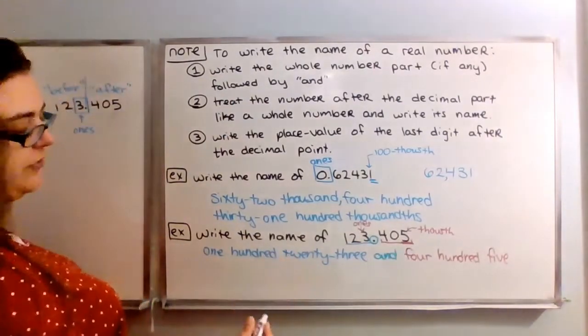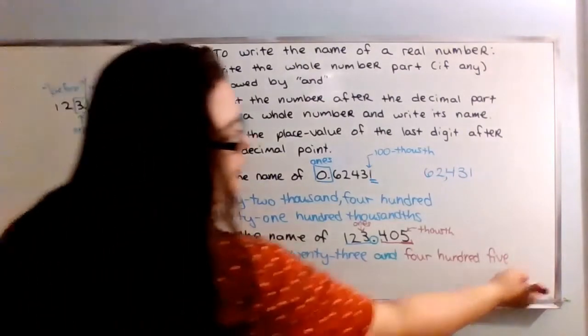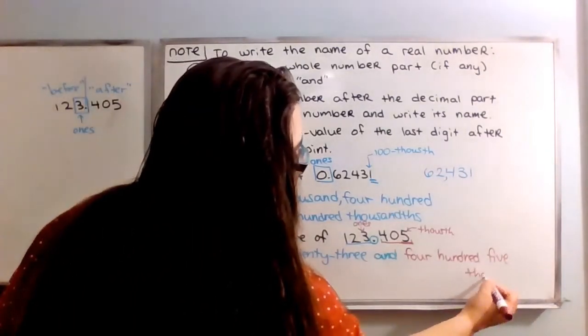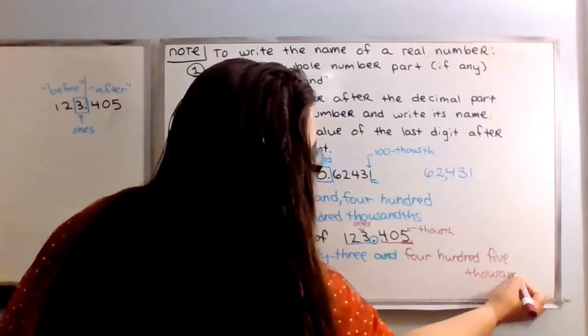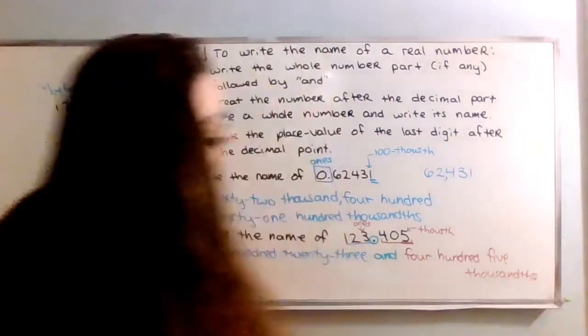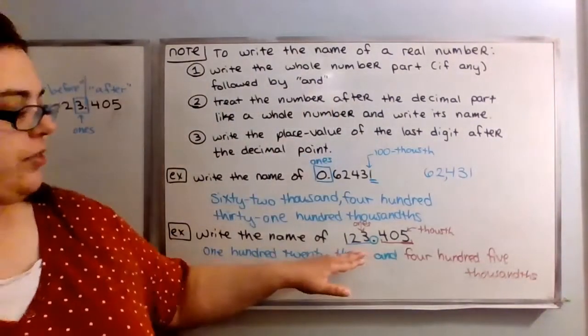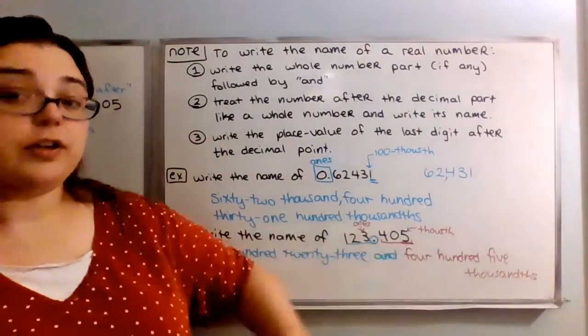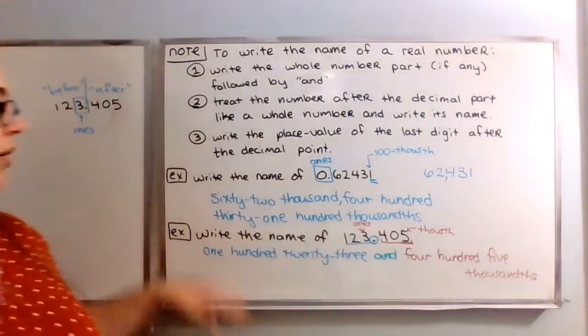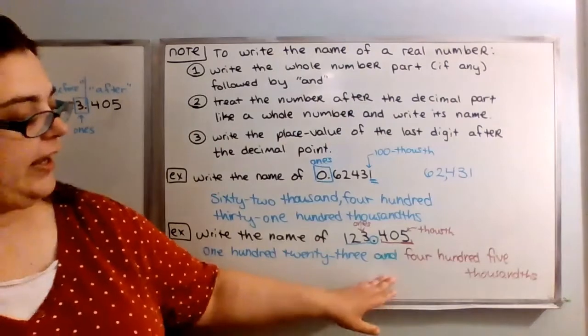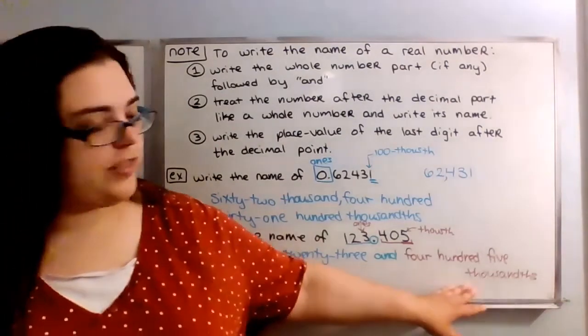So that's how we're going to finish this number. I'm going to just finish it under here: thousandths. So 123.405, if we're going to say its real name, would be 123 and 405 thousandths.